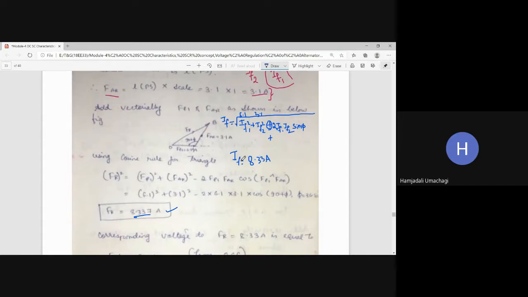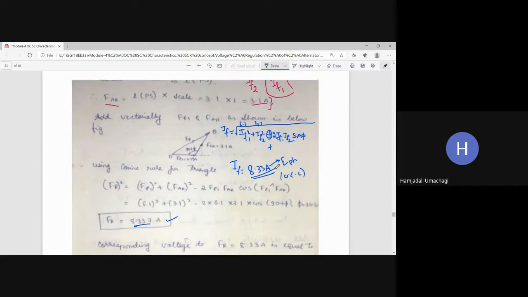For this IF value of 8.33, you should check what is the corresponding EPH value using the OCC, the open circuit characteristics curve, from the graph.